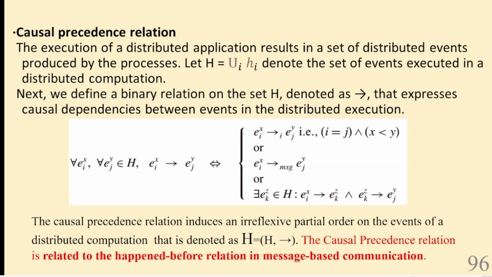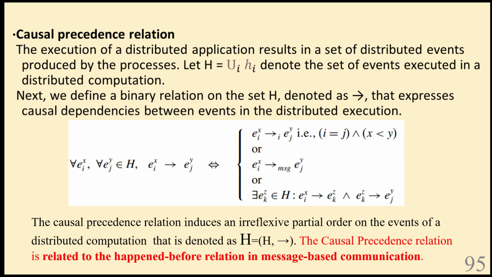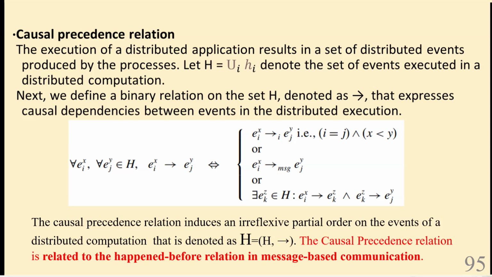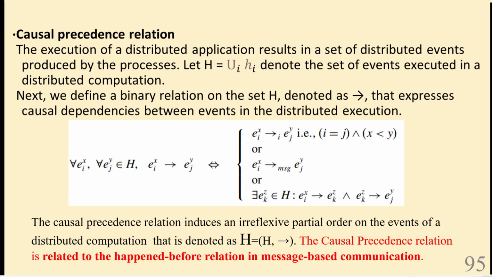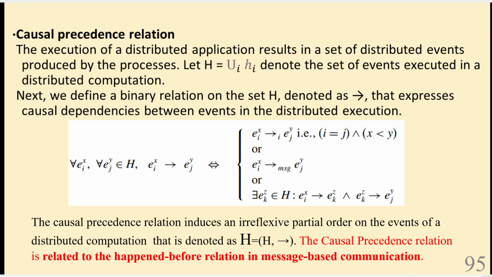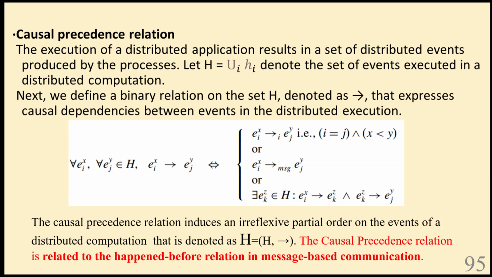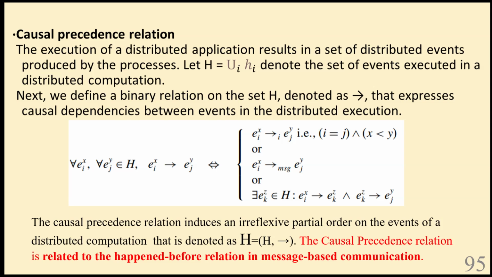If we have events EIX and EJY, we can say that event EIX happened before event EJY. That means the second event EJY could not have happened without the first event happening. So the first event should happen, only then the second one will happen.